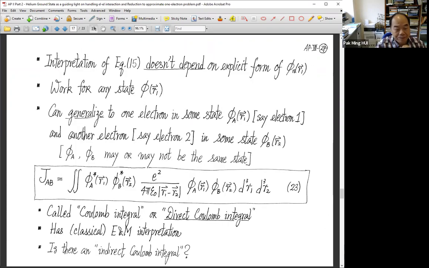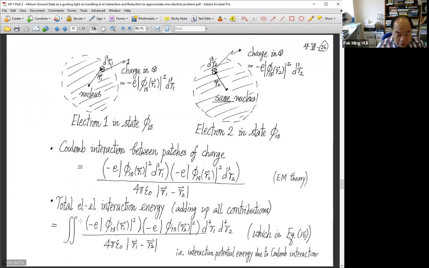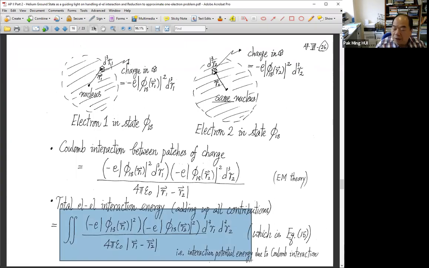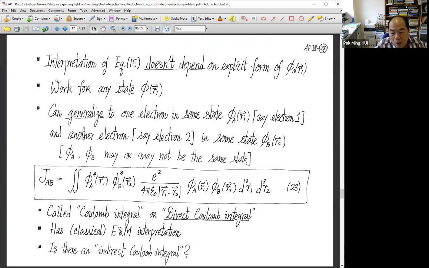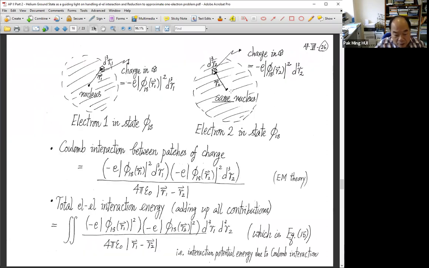So now, let me make some remarks. Up to this point, our interpretation actually does not depend on the form of the 1s state. Because in principle, at this point, we don't know what this 1s state really is. We have tried the unperturbed one. It works, but not very well. We have tried the variational one. At the end, it has a funny Z charge.